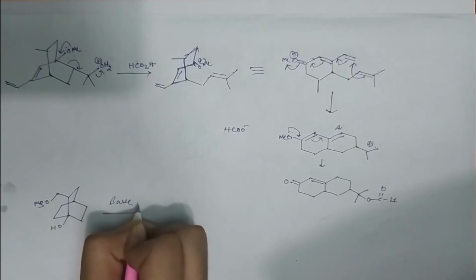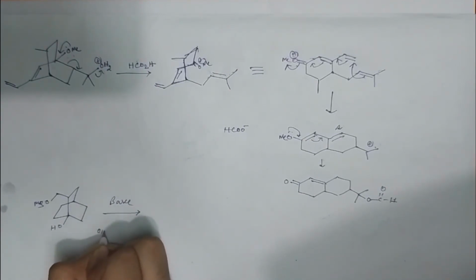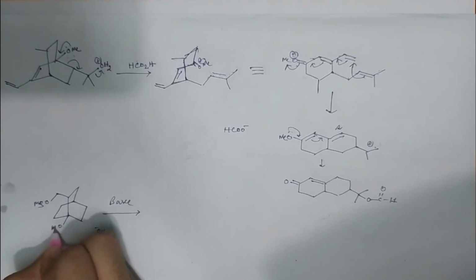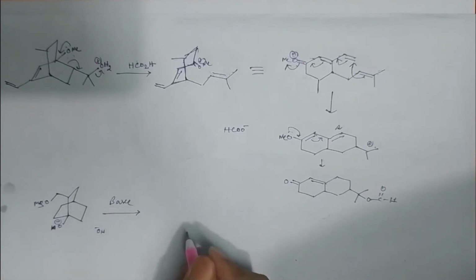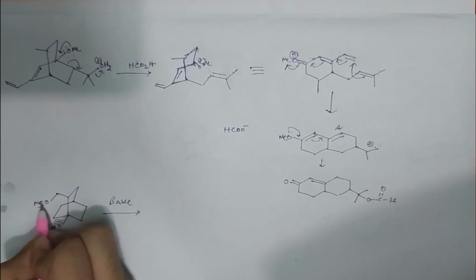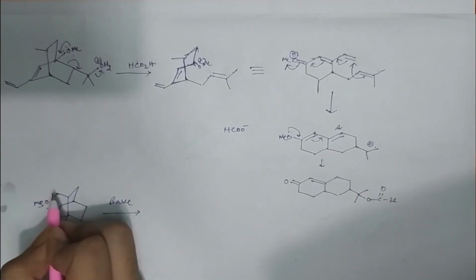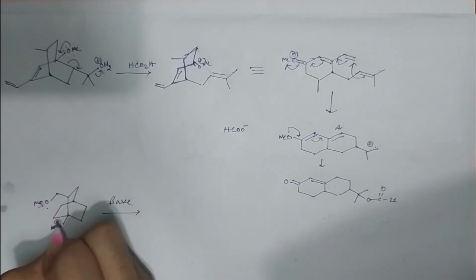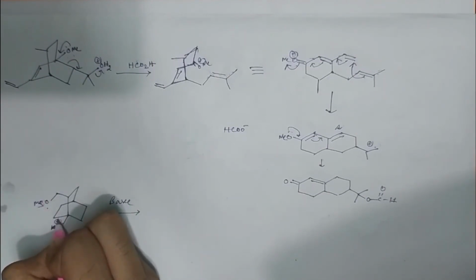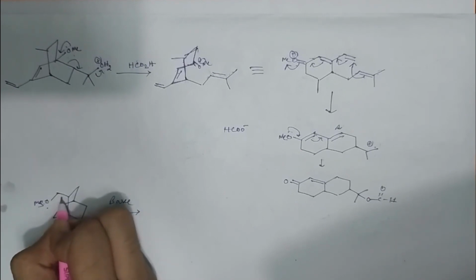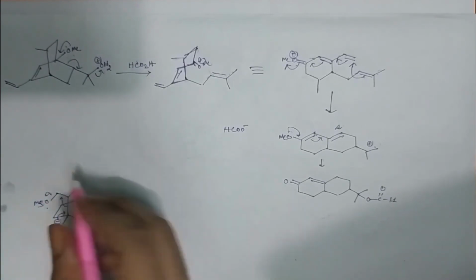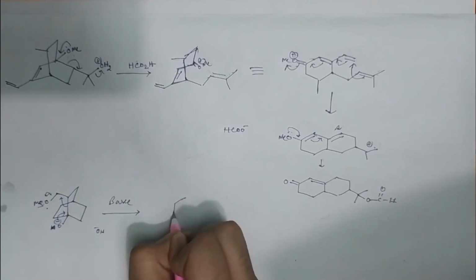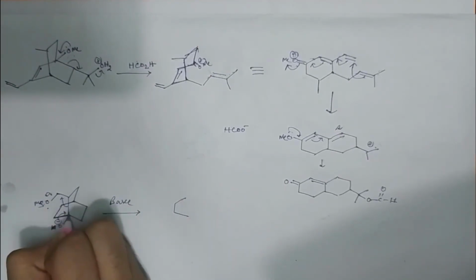The base will be like OH minus, something which will just deprotonate it, converting it into an O minus. We know that OMs is a good leaving group, which is a methyl sulfonate. So what happens is it pushes back, this carbon goes here, which is like a linkage. A 6-member ring will be the base link, and this is a 6-member ring.